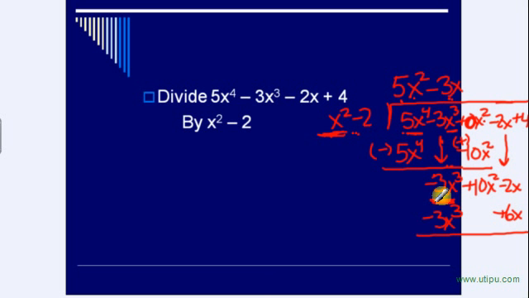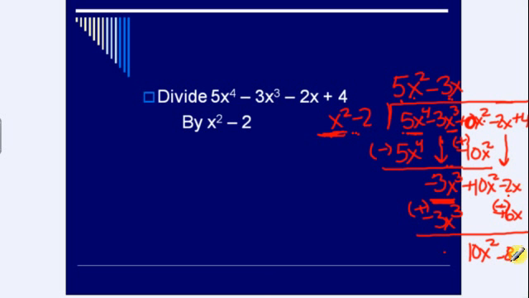This negative 3x cubed minus negative 3x cubed, that cancels. 10x squared plus or minus nothing is just 10x squared. Then minus 2x plus, well, we need to subtract a positive 6x. So negative 2 minus 6 would be minus 8x.